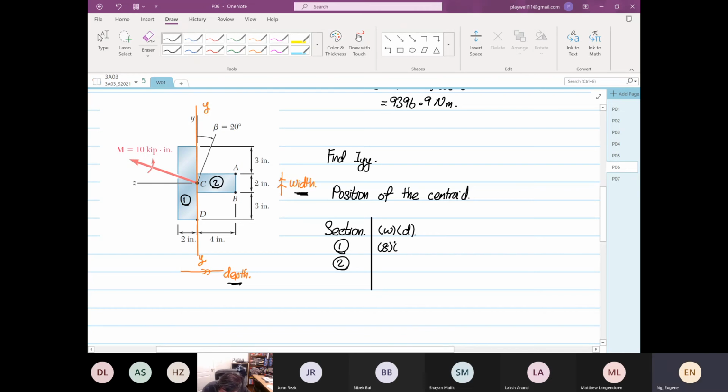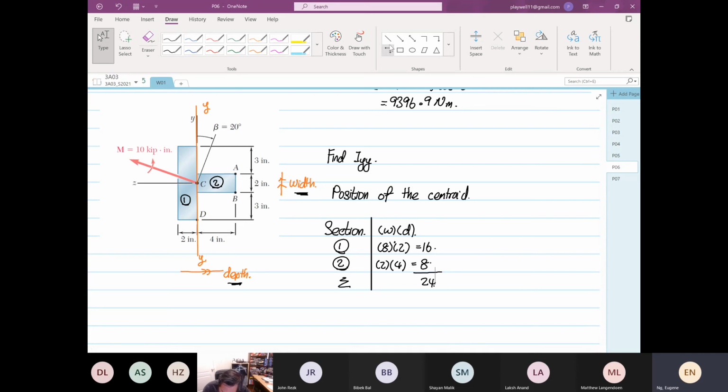The depth will be 2, so this is 16, right? And section number 2, the width is 2, the depth is 4, so this will be equal to 8. And you do a summation over here, so this will be equal to 24.